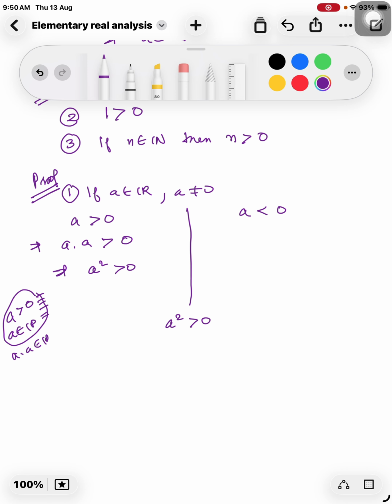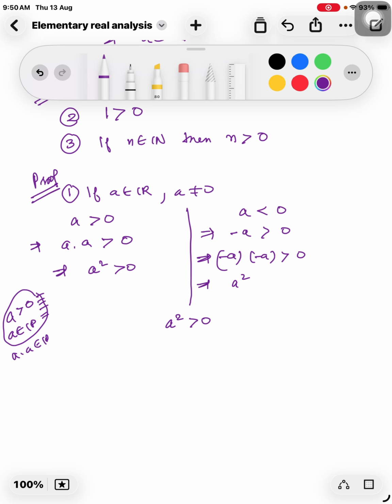अब आते हैं केस पे जब A लेस दैन 0 है। A लेस दैन 0 मतलब माइनस A ग्रेटर दैन 0, which means minus A into minus A is greater than 0. And which means if minus A is greater than 0, then minus A times minus A is greater than 0.